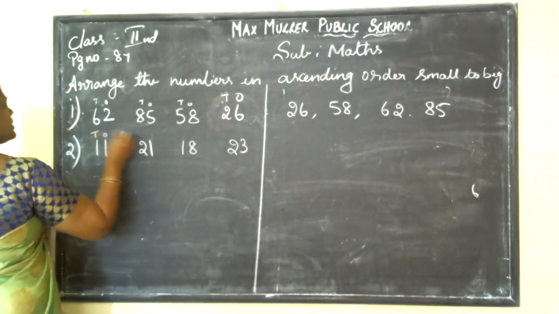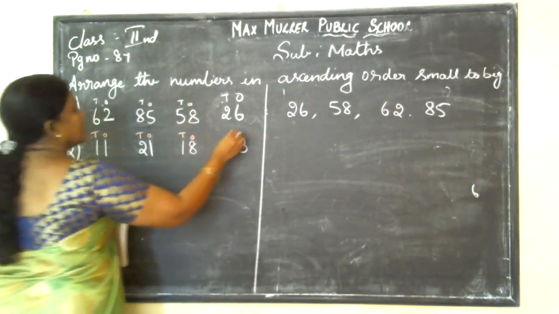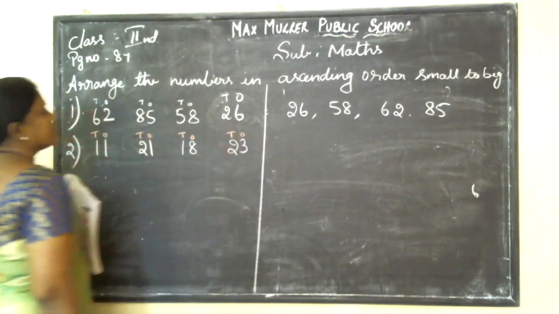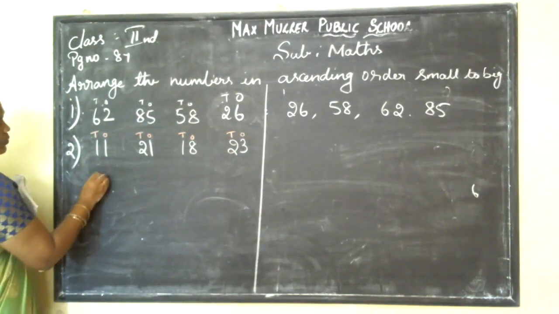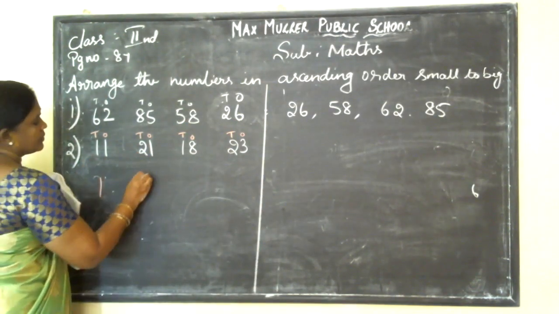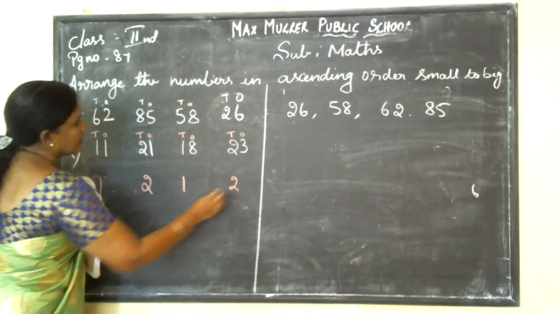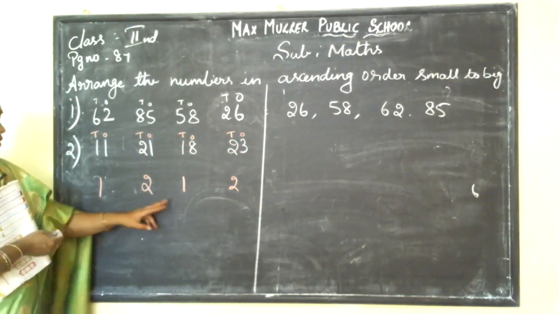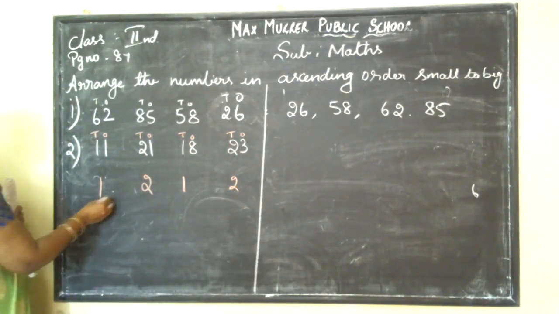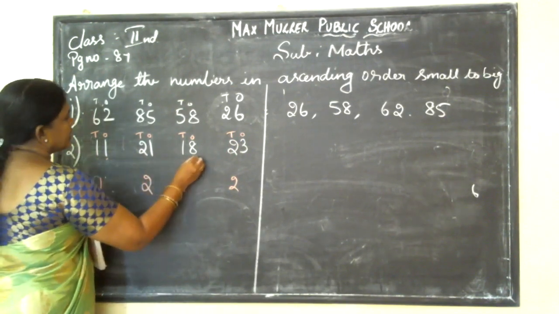Ones, tens, ones, tens, ones, tens, ones, tens. First, which number will we take? In this, we take the tens number: here 1, here 2. In these numbers, which one is small? 1. But both are 1. If both numbers are 1, you go to the ones numbers.